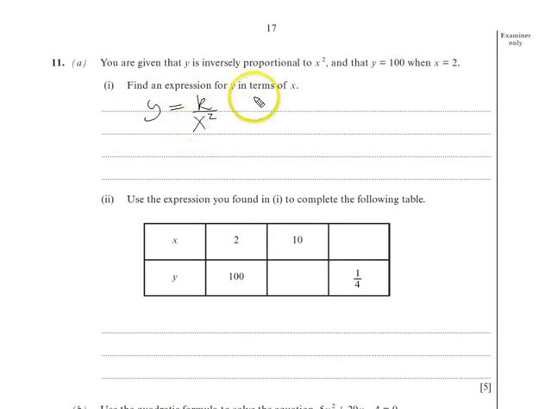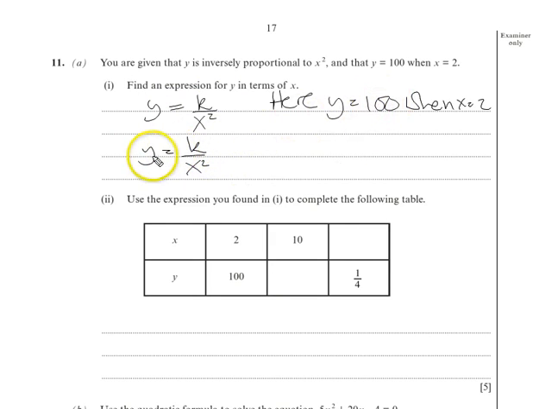K is some constant. The other thing we're told is that here y equals 100 and when x equals 2, agreed? So we can put these two values in and we should be able to work out that constant of proportionality, can't we? So y is 100, so underneath y equals k over x squared, agreed?